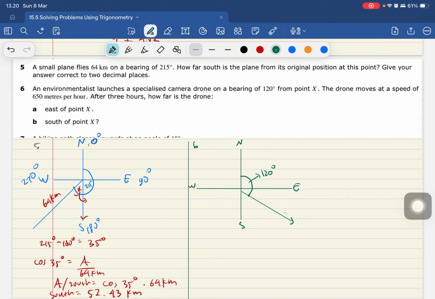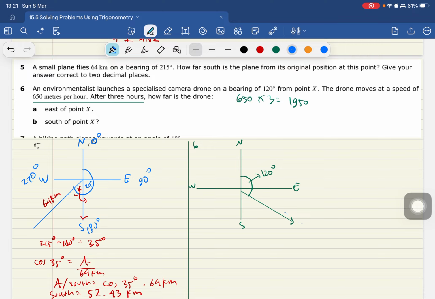Okay, 650 meters per hour after 3 hours. So 650 per hour, after 3 hours we multiply 650 by 3, it's going to be 1950.